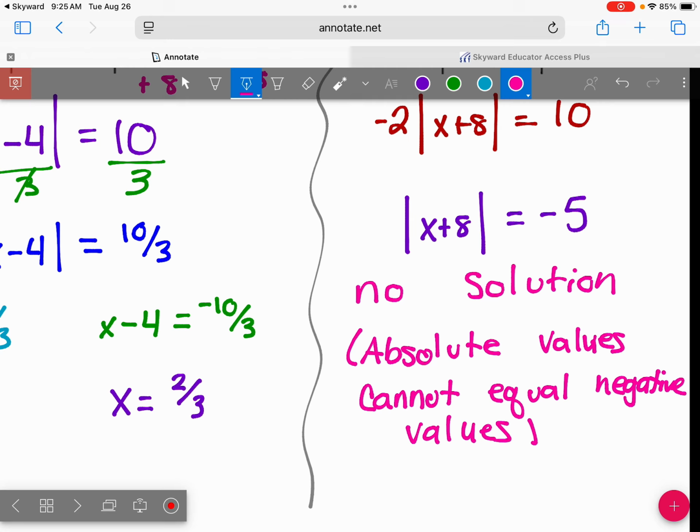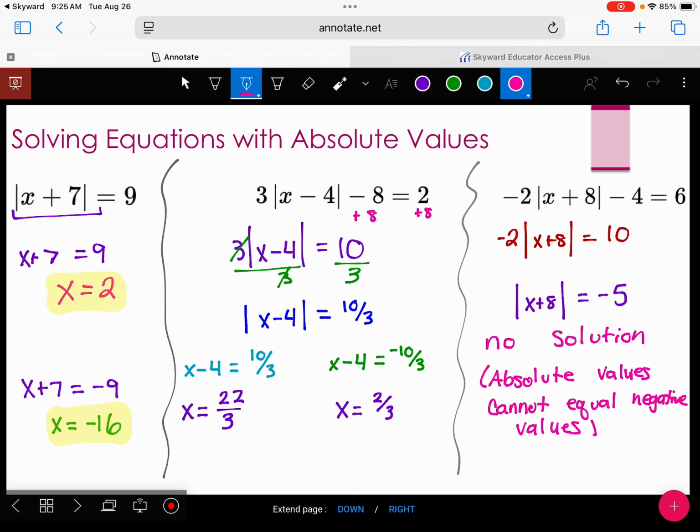Absolute values can't equal negatives. They can equal negative values. So be super duper careful with that. That is the most common mistake made on absolute values, that we get the negative number and we're like, boom, keep going. So just be careful, okay? Absolute values we've worked with before, they're not brutally awful. We can do absolute values, just watch out for these negatives. They're kind of tricksy.